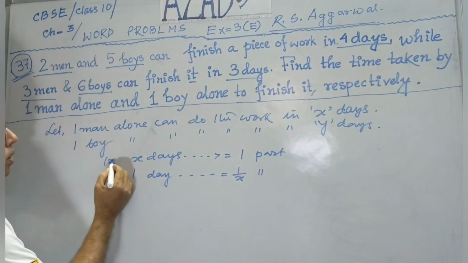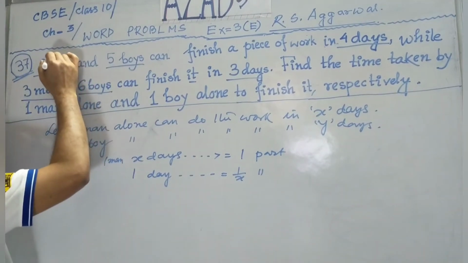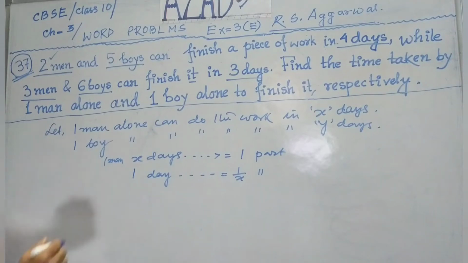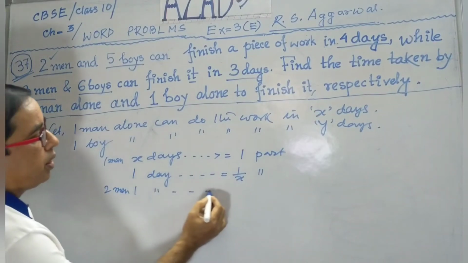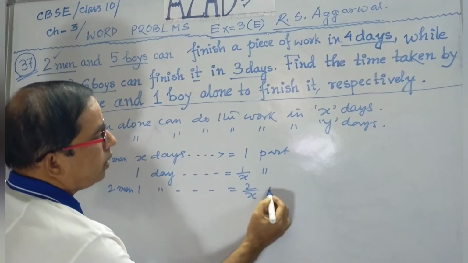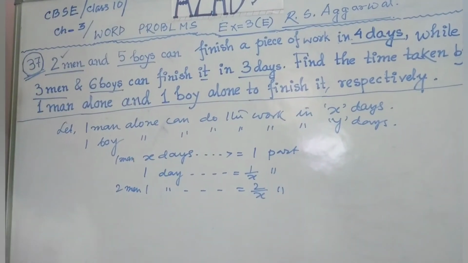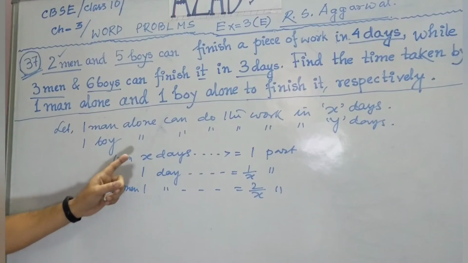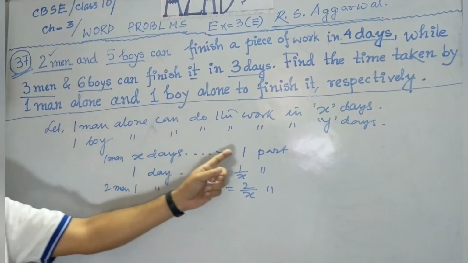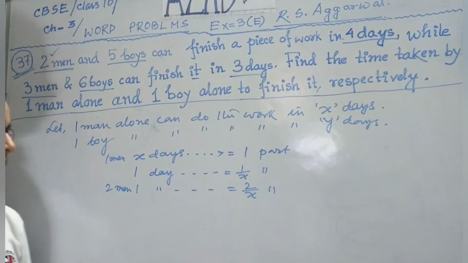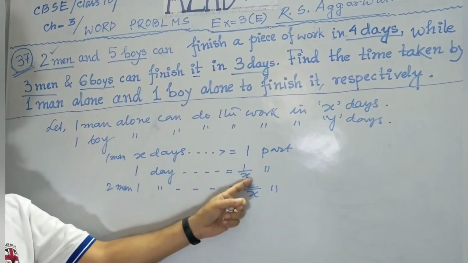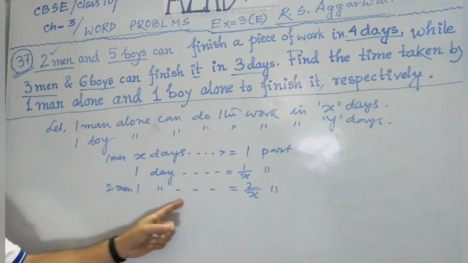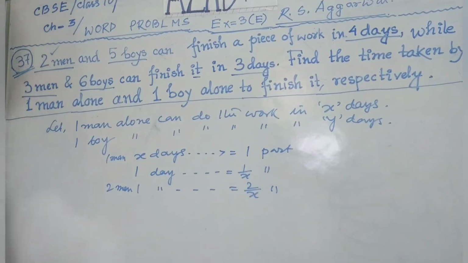This is 1 man. Now, how many men are here? 2 men. So 2 men in 1 day can do 2 by X part. Is it clear? Again I am telling, 1 man in X days can do the whole work, means one part. So 1 man in 1 day can do 1 by X part, so 2 men can do 2 by X part.